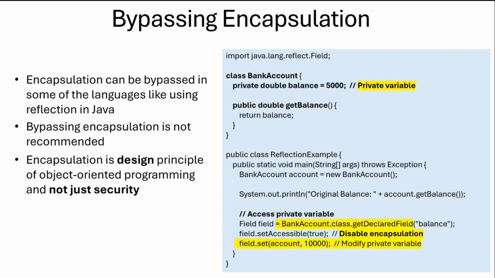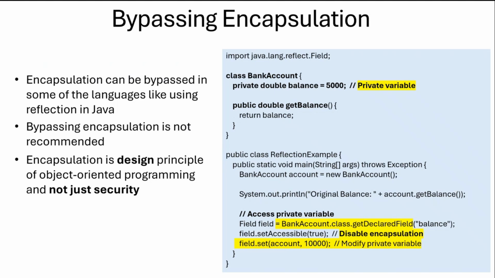One thing we need to understand is that the encapsulation principle is more about the design part of it, right? Not just security. What the object oriented programming encapsulation principle tells us is that as a developer, we need to have this principle enforced, so that because of any code issues or logic issues, or mistakenly, unintentionally, we don't write any logic which will make our data invalid or make our logic exposed, right?